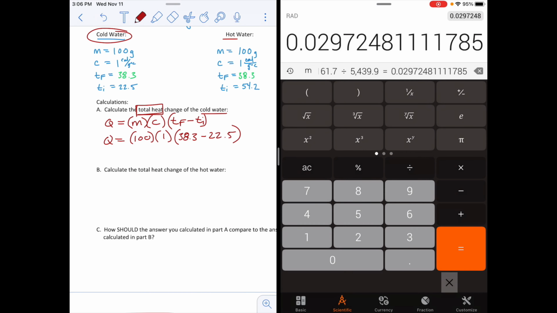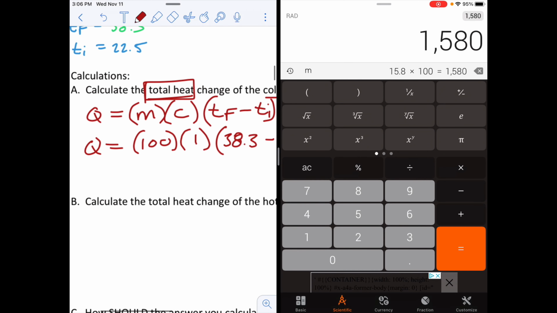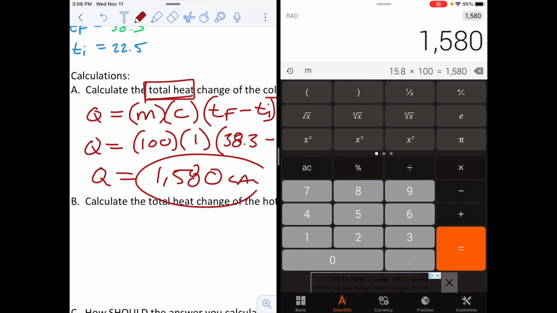I do what's in the parentheses first. 38.3 minus 22.5, 15.8. I multiply that by 1 and by 100, 1580. Okay, so my Q is equal to 1,580 calories.